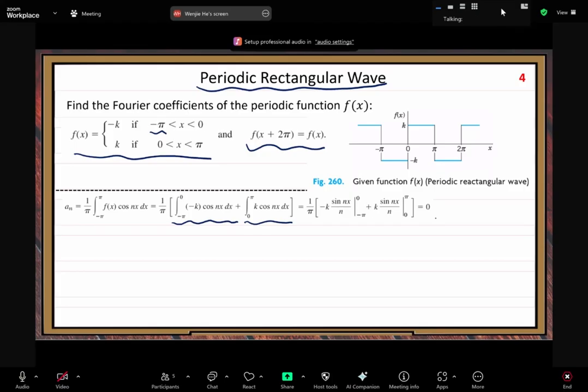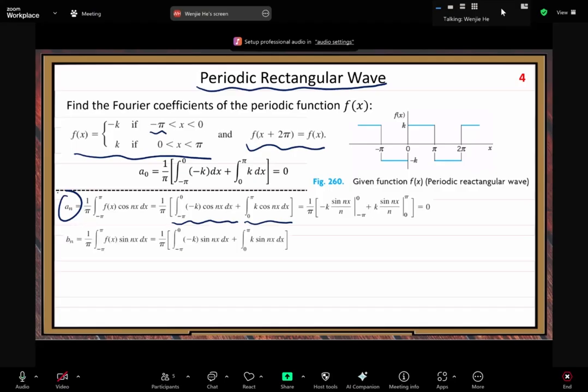So all the a_n coefficients are gone. A0 is also 0.